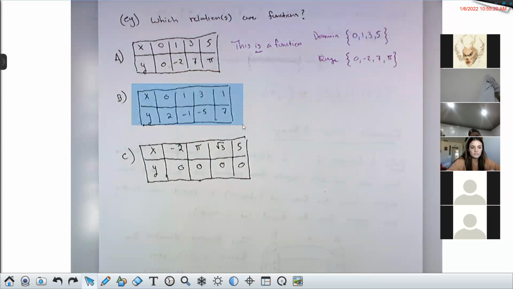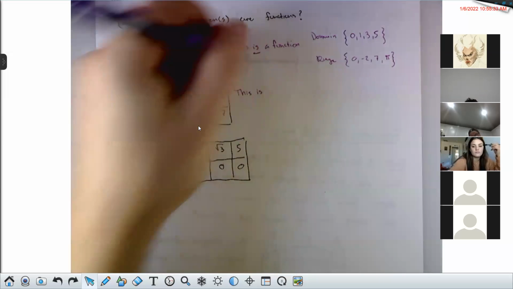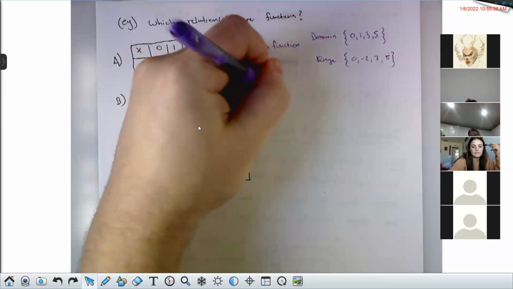All right, is the relation B a function? No, it's not. Why? Because there's two outputs from the same number. Good. Which input gets sent to two different outputs?